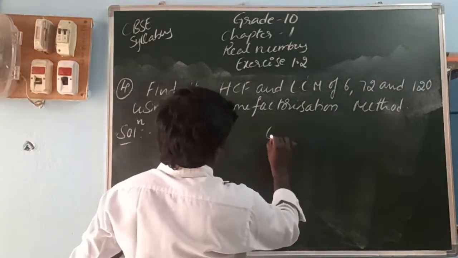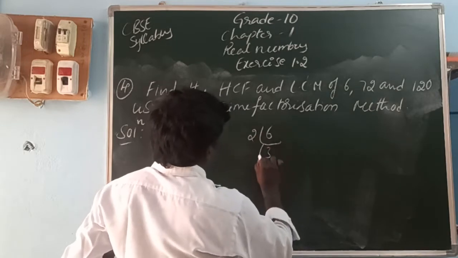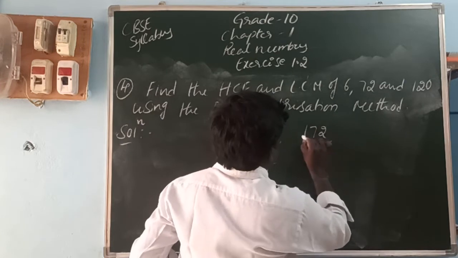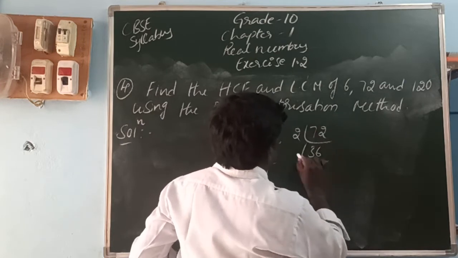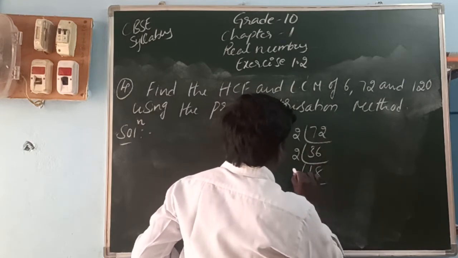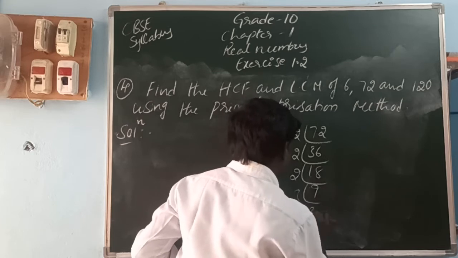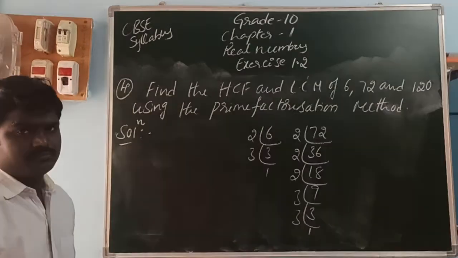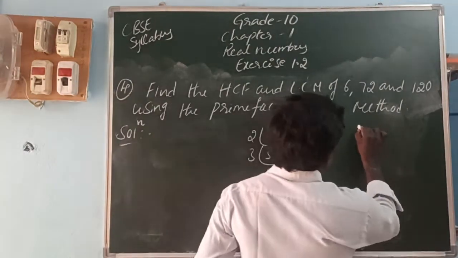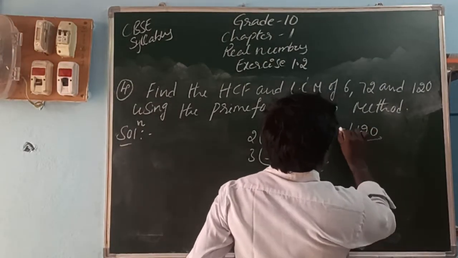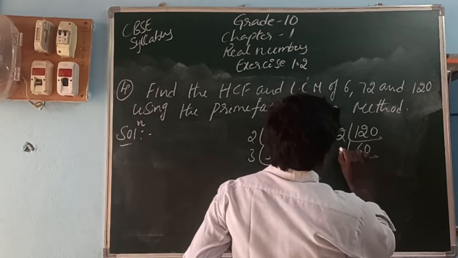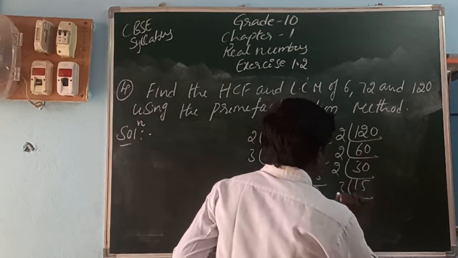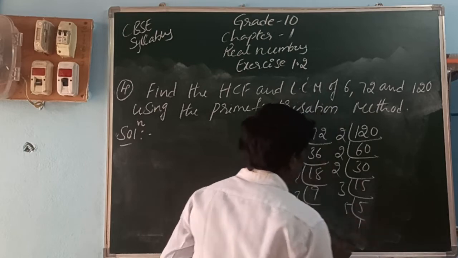Okay, first 6, how can you write it? 2 3s are 6, 3 ones are 3. Next 72, how can you write it? 2 36s are 72, 2 18s are 36, 2 9s are 18, 3 3s are 9, 3 ones are 3. Next 120: 2 60s are 120, 2 30s are 60, 2 15s are 30, 3 5s are 15, 5 ones are 5.